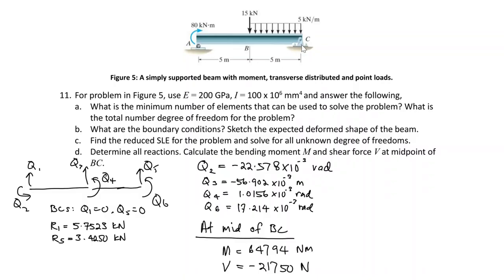The same goes for the pin support here, which has no vertical movement, so Q1 and Q5 equal 0. Because Q1 equals 0, there is a reaction R1, and because Q5 is 0, we have reaction R5.